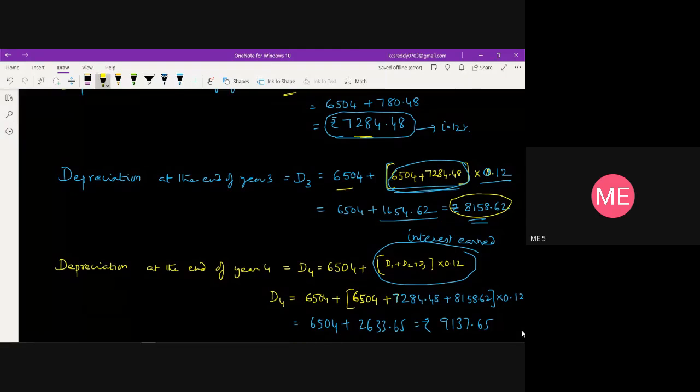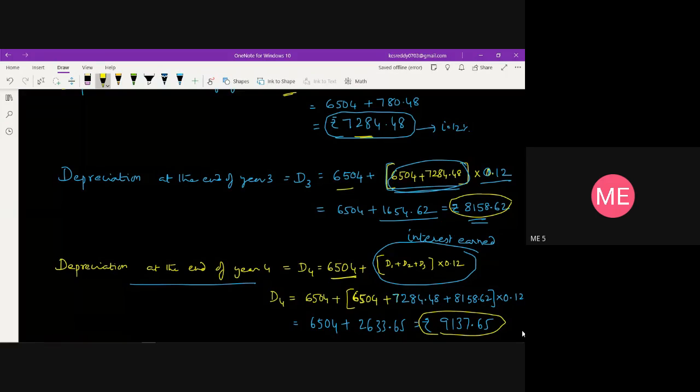So this is the amount at the end of depreciation. The interest which you are going to earn for the previous depreciation will be added to this fixed depreciation. That is totally what I'm going to get at the end of fourth year.